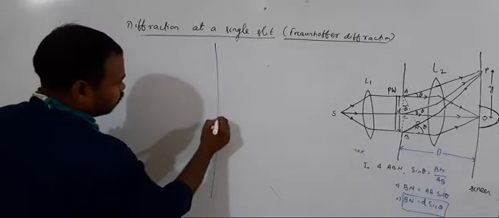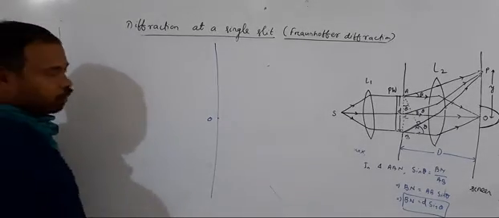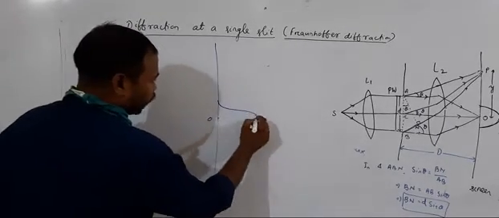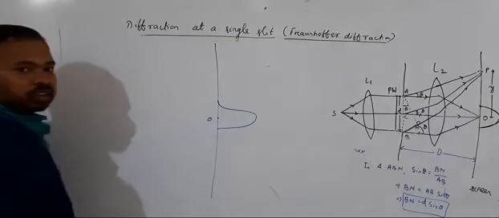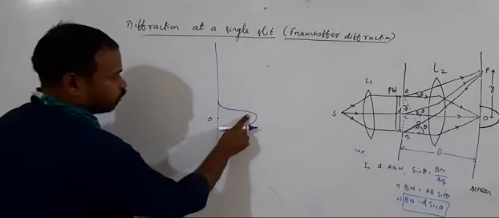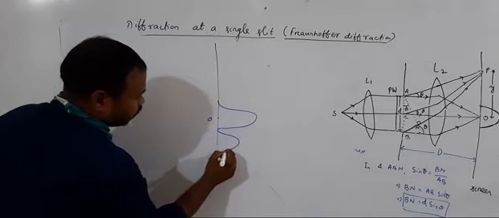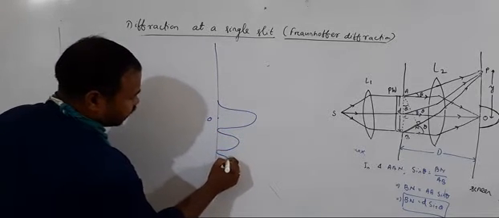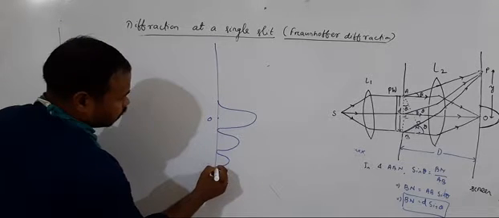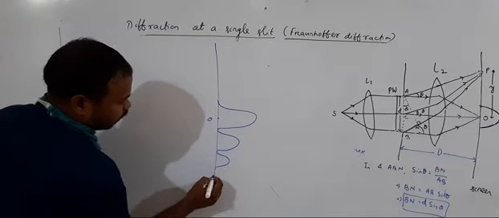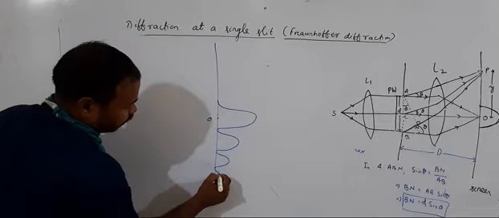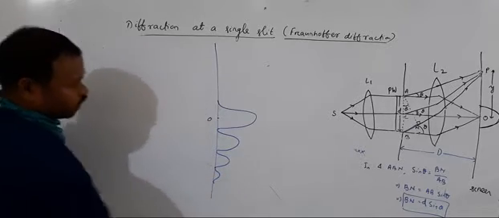You see, this is the position of central maxima having more intensity. Then first secondary minima, then first secondary maxima. Second secondary minima, second secondary maxima. Third secondary minima here, then third secondary maxima, like this it will continue.